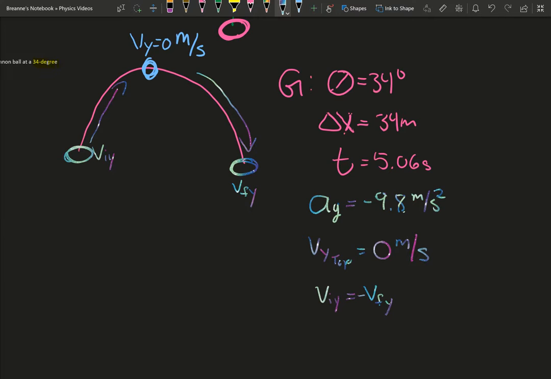So whatever the speed it started at, it's going to be the same speed that it ends at. Just it's going to be in the negative direction. So those are a couple of givens. There's just one more in the mix of our hidden givens there.